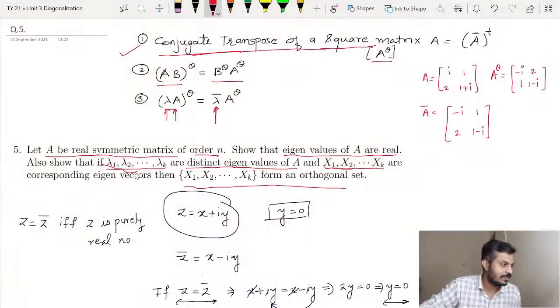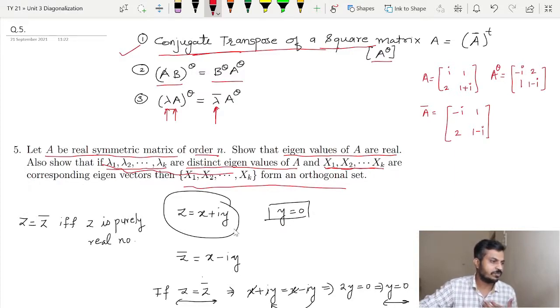Now let us move towards the next part of the theorem, that is proving nothing but the eigenvectors corresponding to distinct eigenvalues of a real symmetric matrix form an orthogonal set. So here is that statement that we have to prove.